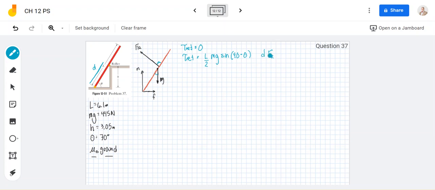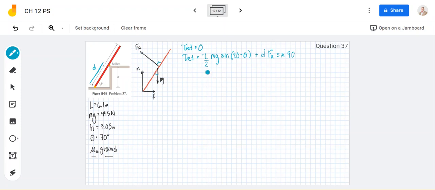So it's R F, and if it's perpendicular, it's going to be sine 90. If the weight were the only force, it would go this way, so this one's negative. If this were the only torque, it would go this way, so this one's positive.